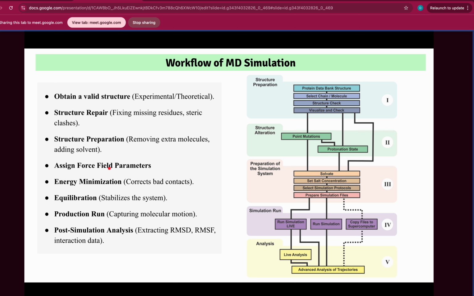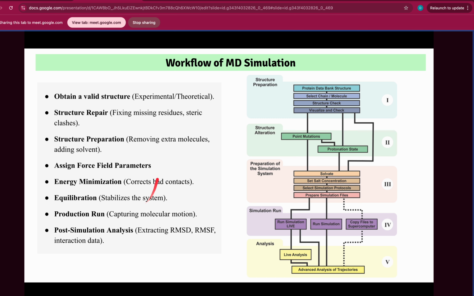Then assign the force field parameters, in which we decide which force field parameters we want to use, which we have discussed, bonded and non-bonded interactions. All those things we determine. Then energy minimization, in which we correct the bad contacts. Then comes equilibration. Before analyzing, we need to equilibrate the system, and ultimately we perform the production run, in which we capture the molecular motion.